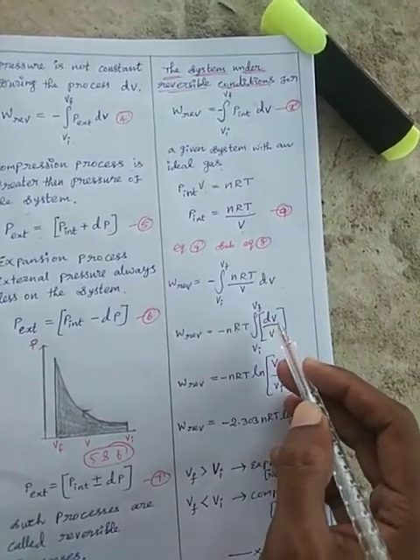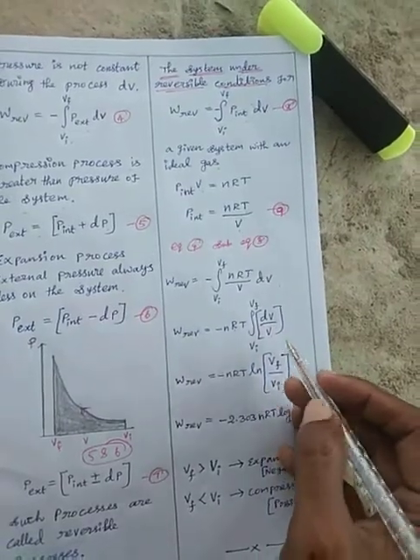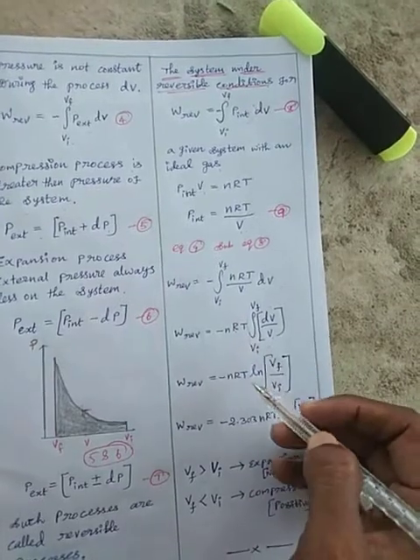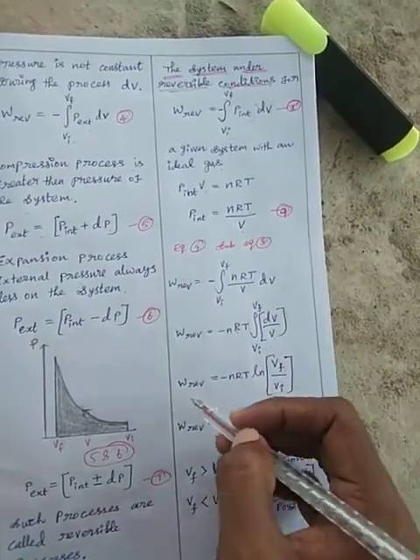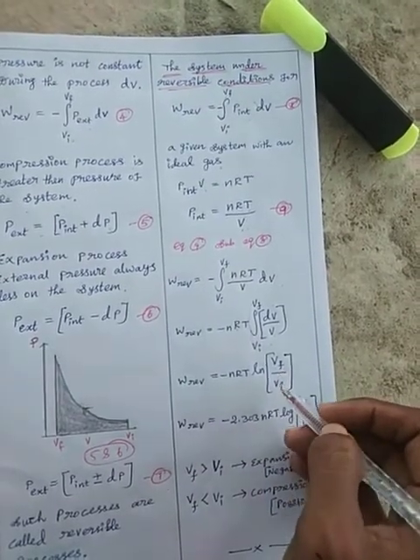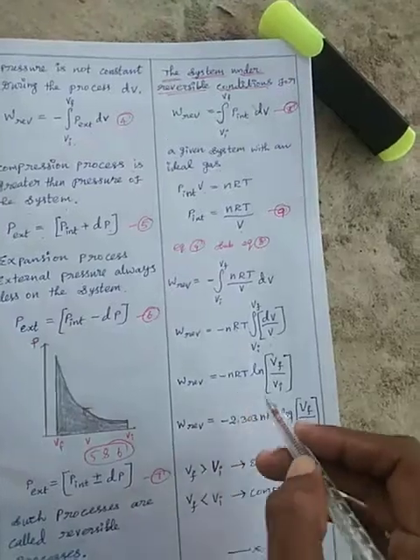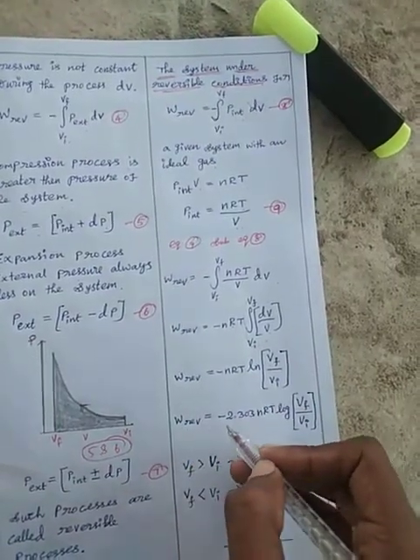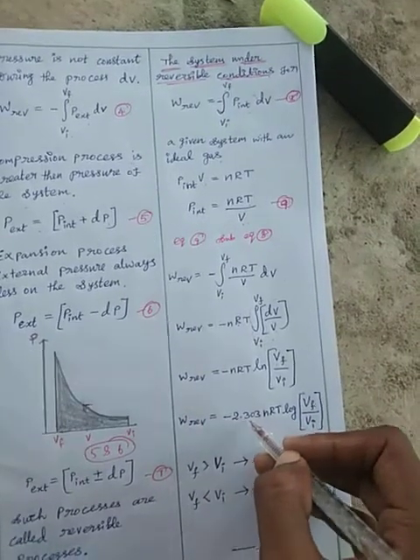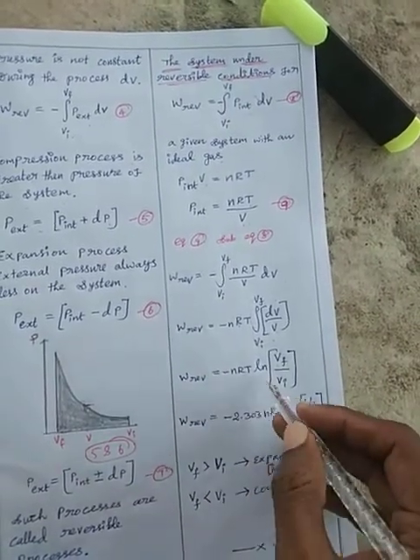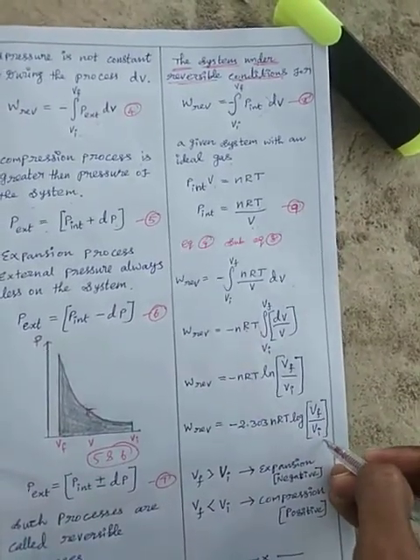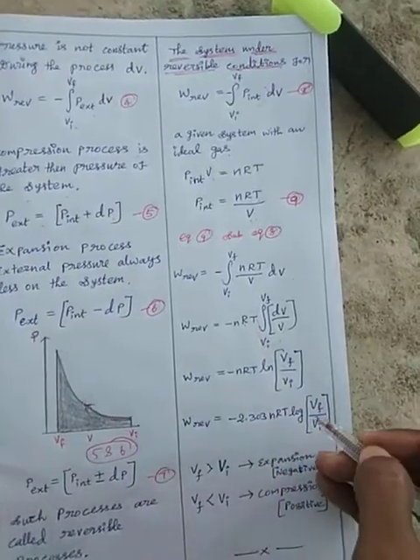Applying the integral, we get work reversible equals minus nRT ln(Vf/Vi). Converting the natural log to log base 10, work reversible equals minus 2.303 nRT log(Vf/Vi). That value is the final answer.